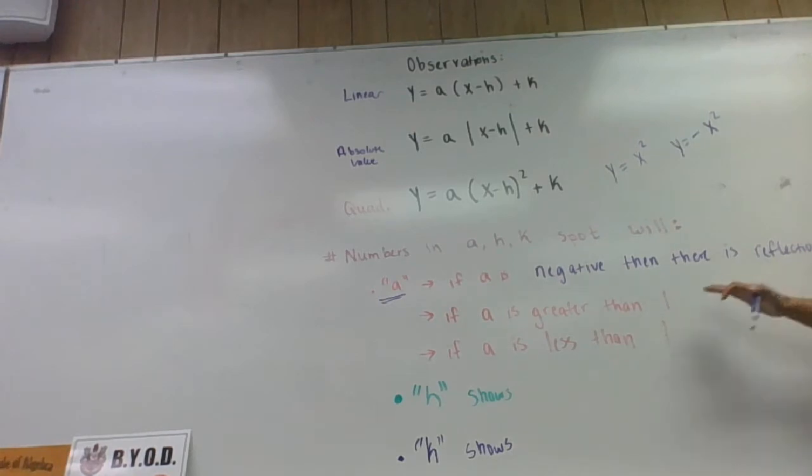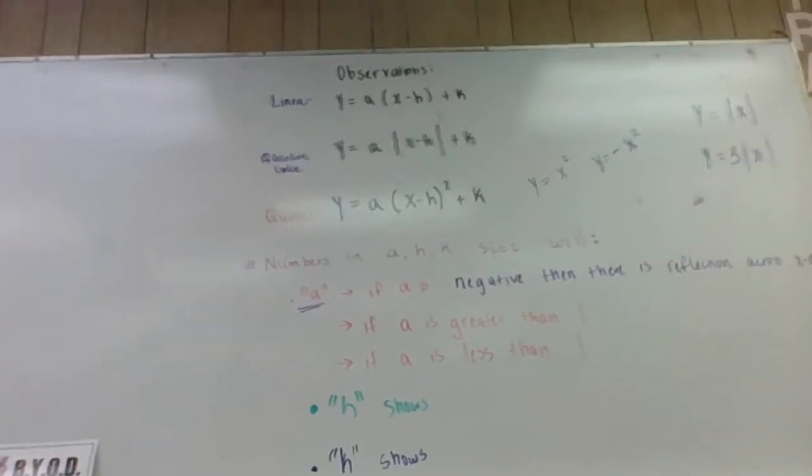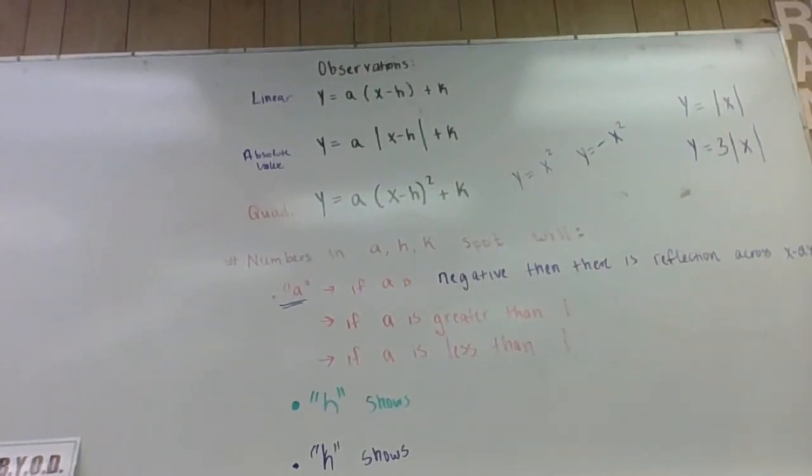Now, if there's a number in the a spot, here's the absolute value parent function. Let's say I put a number in the a spot, like 3. Does anybody want to guess what that 3 will do to the absolute value? We talked about it Friday. I don't know if you can recall though. What will that 3 do?